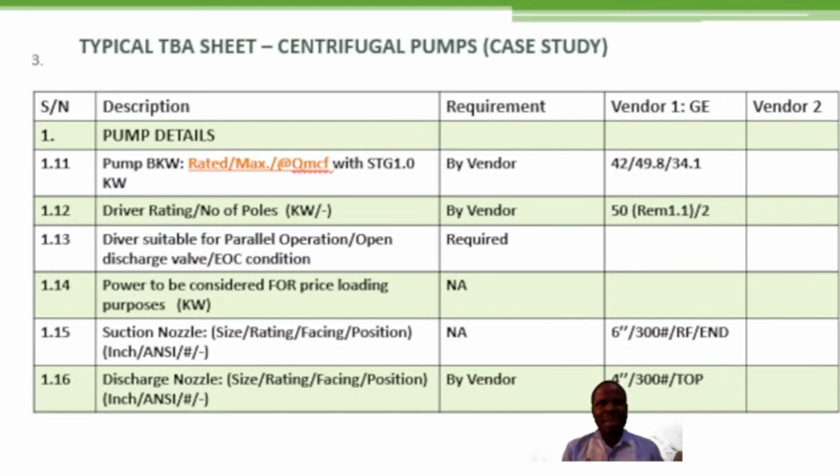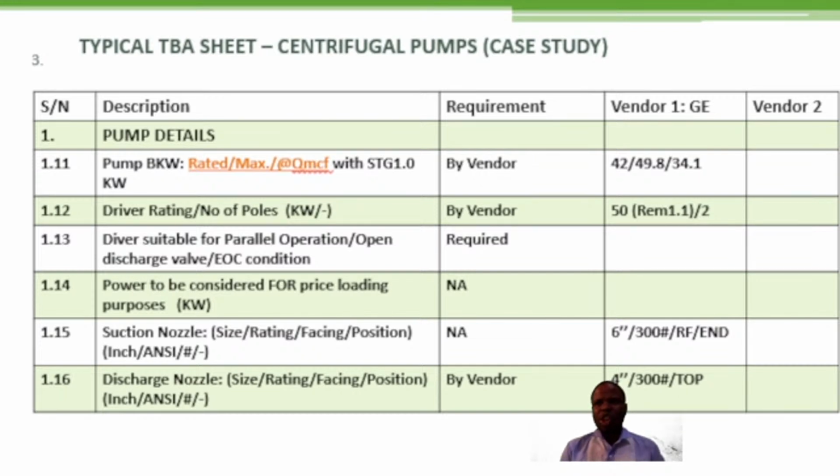Up to 22 kilowatts, as stated in API 610, your motor MCR should be at least 25% higher than the pump BKW. Now, is this vendor meeting this condition? If it is meeting this condition, that is a pointer for you. If it is not meeting this condition, that is a pointer for you to look at.